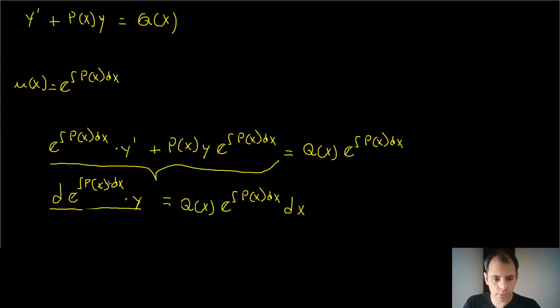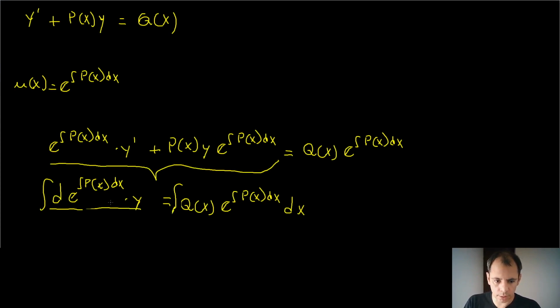So now you have to integrate, okay? So when you integrate this stuff, this is the derivative of this with respect to x, this thing here, okay? All right, this is the derivative. So when you integrate this stuff, what are you going to integrate? You're going to integrate both sides, okay?